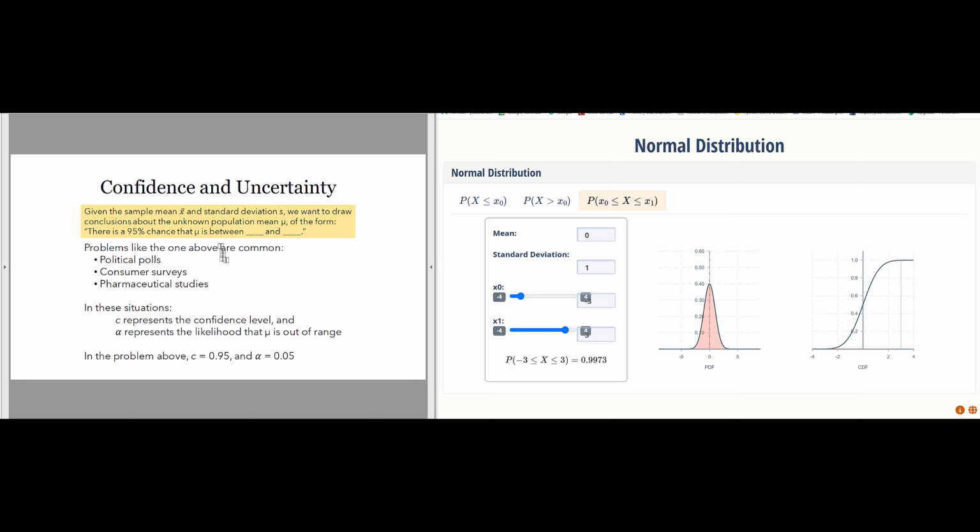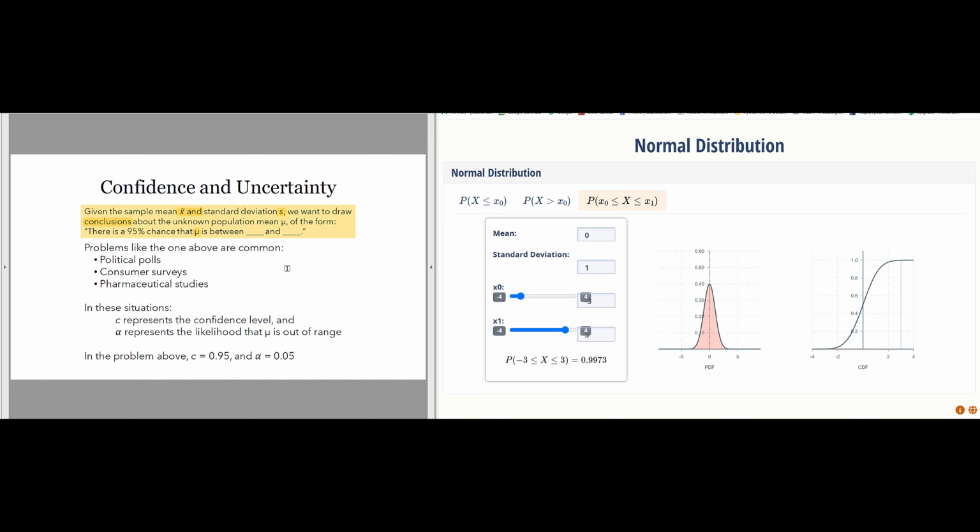What we ideally want is to just take one sample of size n and compute the mean for that particular sample, as well as the standard deviation for that particular sample. And we want to use the x bar that we got for that sample and the standard deviation that we got for that sample to draw conclusions or make estimates about how close we think we are to the true mean of the underlying population.